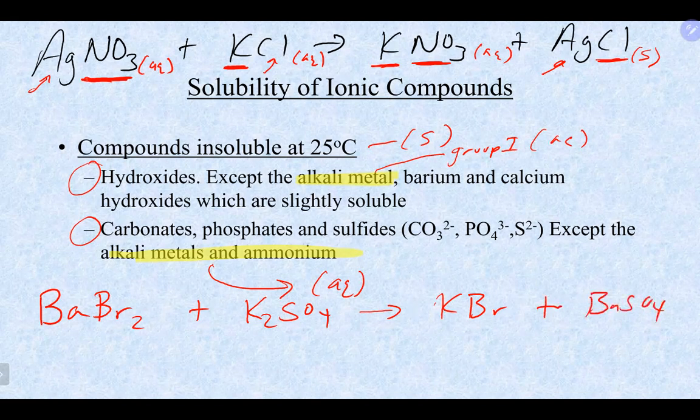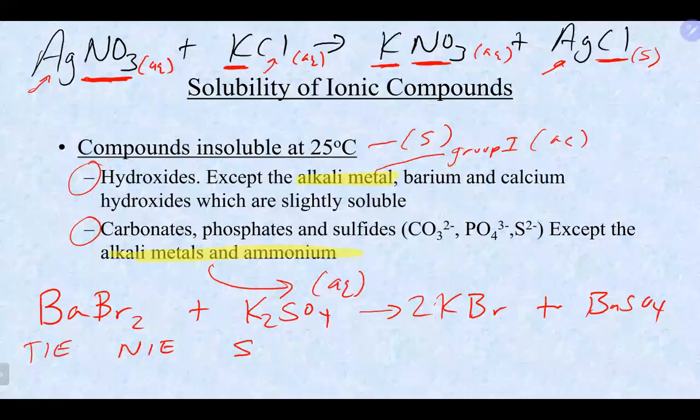Do a little balancing like in my chemistry class here. There we go. All right, so use solubility rules and predict our states. Then also write the total ionic equation, write the net ionic equation, and identify the spectator ions.